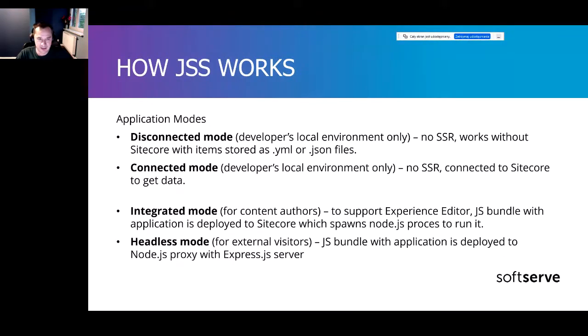So on the production side, what is recommended by Sitecore is to use the headless mode. This is the mode with an external Node.js server, like on Express.js. In this mode, your JSS application bundle is deployed to this proxy server. And those two modes, integrated and headless, actually render the page using server-side rendering.